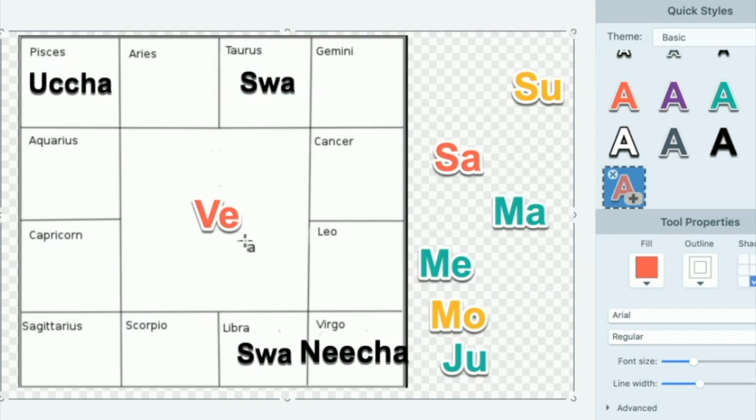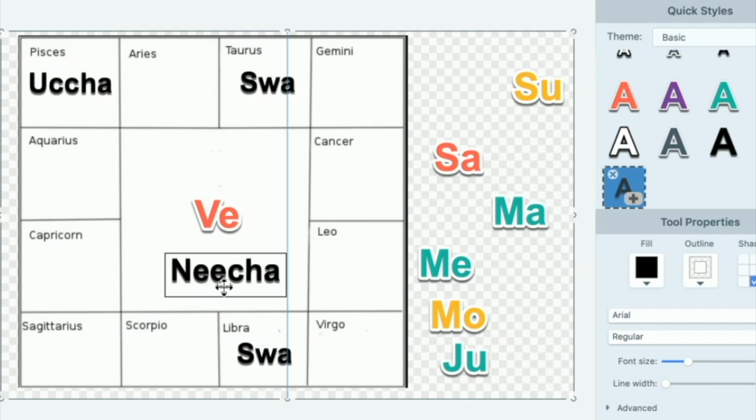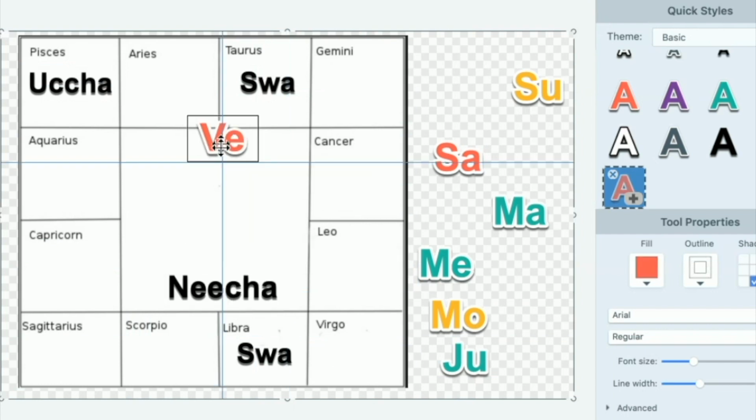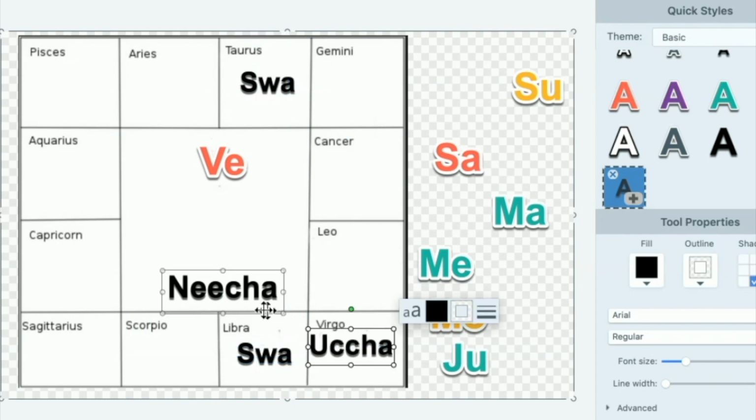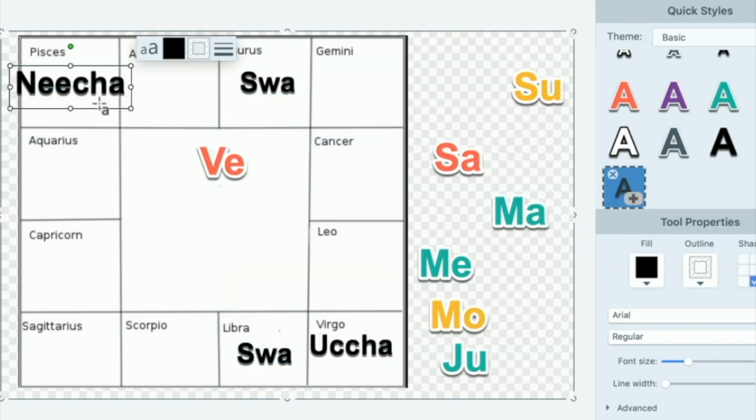Venus is about feeling the emotions, but in Virgo it's debilitated because it's not good with analyzing. So just remember that one thing: Venus does not like to analyze, so it's debilitated in Virgo. What's the planet that is the opposite of these two? What's the planet that's Ucha in Virgo and Nicha in Pisces? Opposite of Venus.